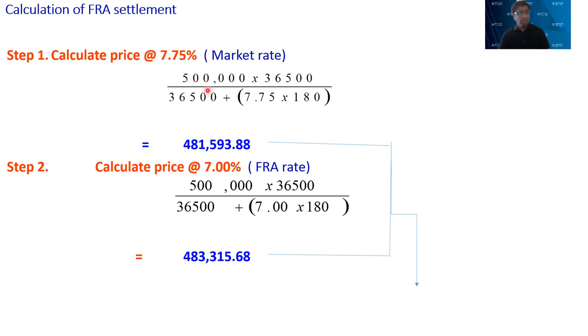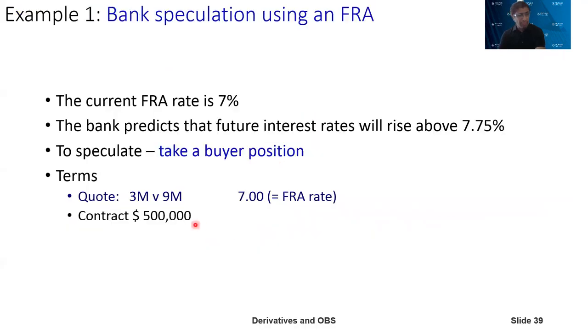Actually, what we are doing here is just discounting 500,000 for 180 days, because the settlement is 3 months into a 9 month contract, but you exercise after 3 months, which means what is left is 6 months, which is 180 days. So you discount the 500,000 according to the actual rate, and you see how much the compensation is.